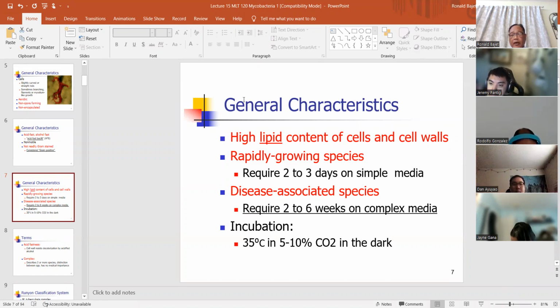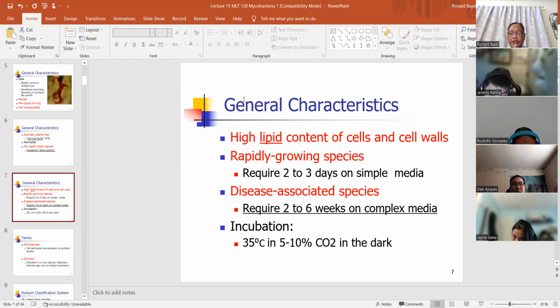There are two types of Mycobacterium: the rapidly growing species, the ones that grow quickly, and it's usually 2 to 3 days, and the rule is less than 7. Those are the ones that are not disease causing. And then the ones that require 2 to 6 weeks to grow, those are the ones that cause disease.